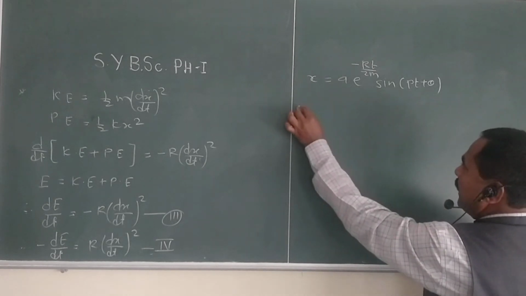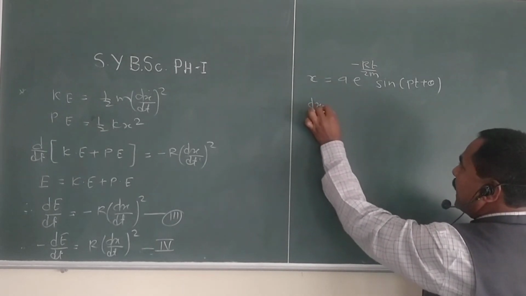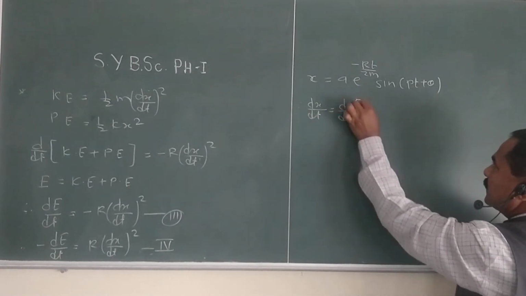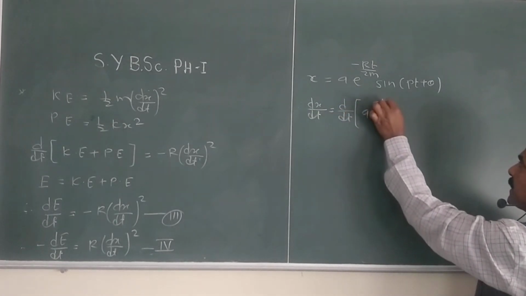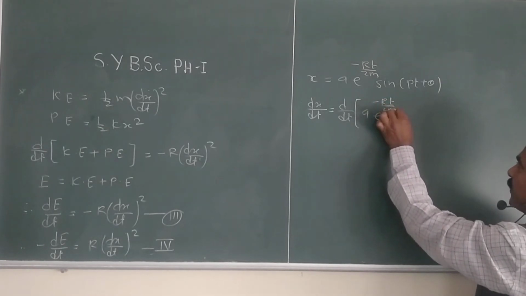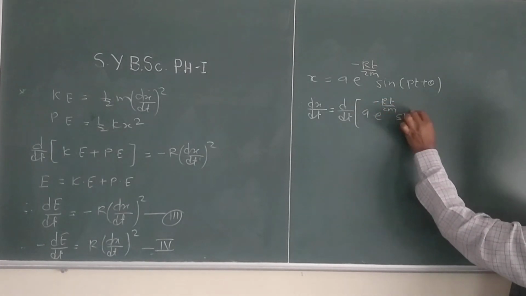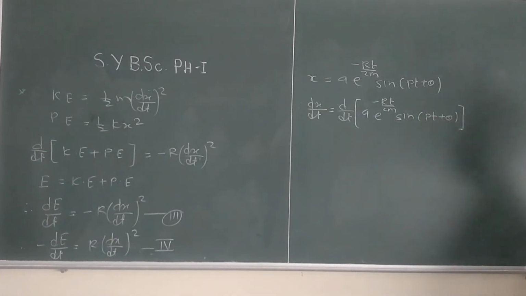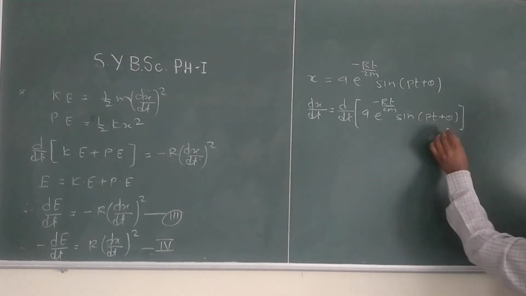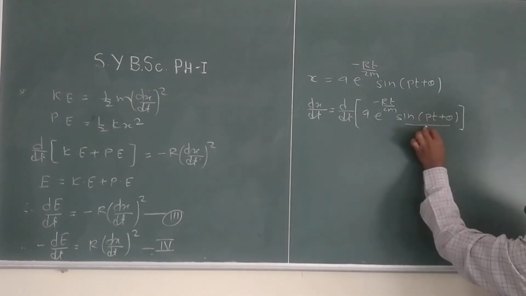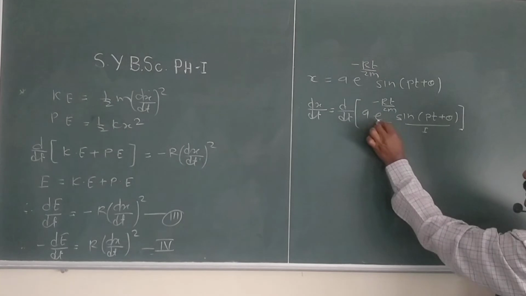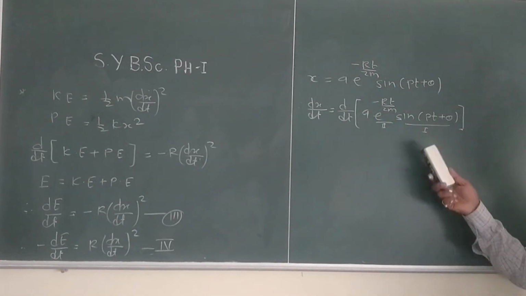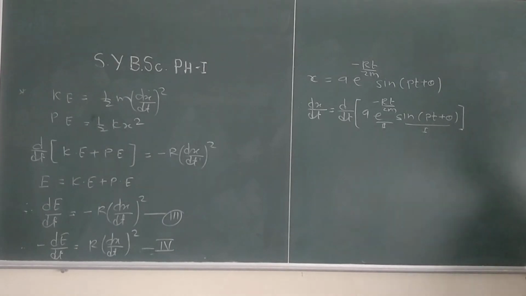Therefore, I write dx by dt equal to d/dt of a e raised to minus rt upon twice m, then sine of (pt plus theta). Here this is the first function and this is the second. Then we differentiate with respect to time.